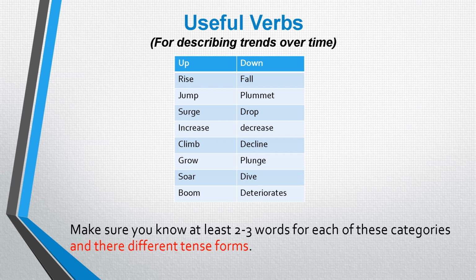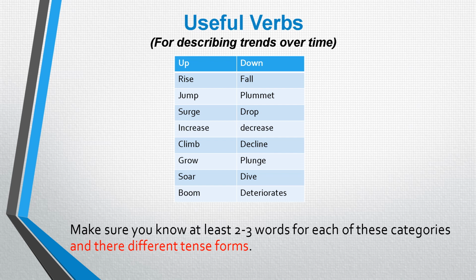Next, we have a list of useful verbs, and I've categorized them into verbs that basically mean going up, and those that mean going down. The main difference between most of them is that some of them indicate a fast pace of increase, and others a bit of a slower pace of increase.